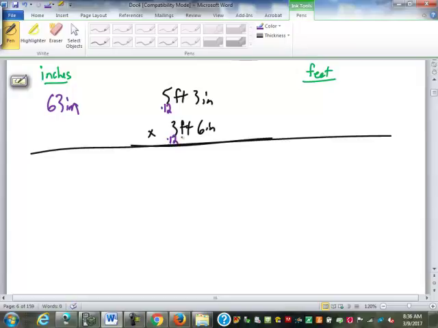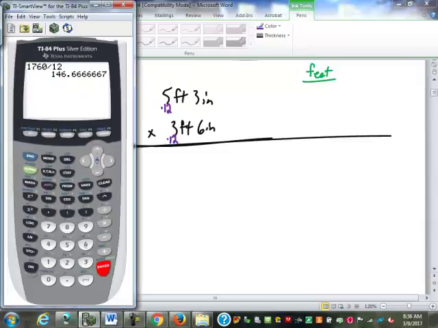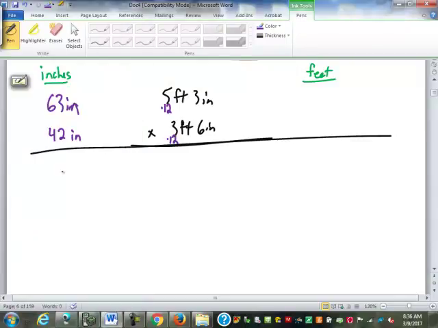Perfect. 3 times 12 is 36 plus 6, 42 inches. So now 63 times 42, 2,646. Now remember, we also multiply the names. Inches times inches makes inches squared, square inches.